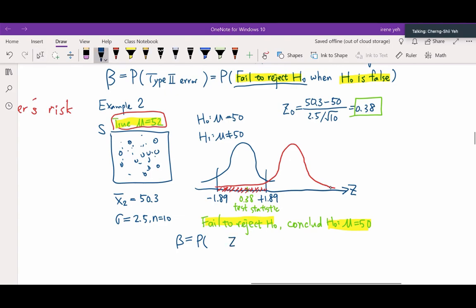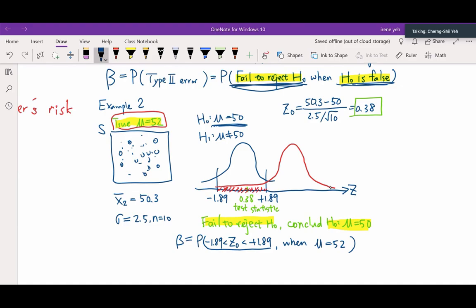When my test statistic is located between plus minus 1.89. That will lead to this conclusion. But what is the reality? This is wrong. My population mean is not 50. What is the reality? My population mean is actually 52.